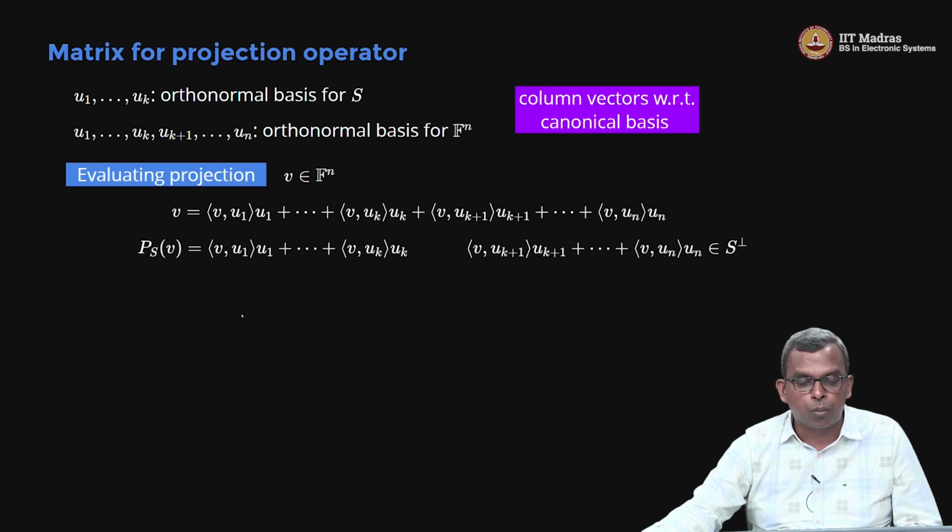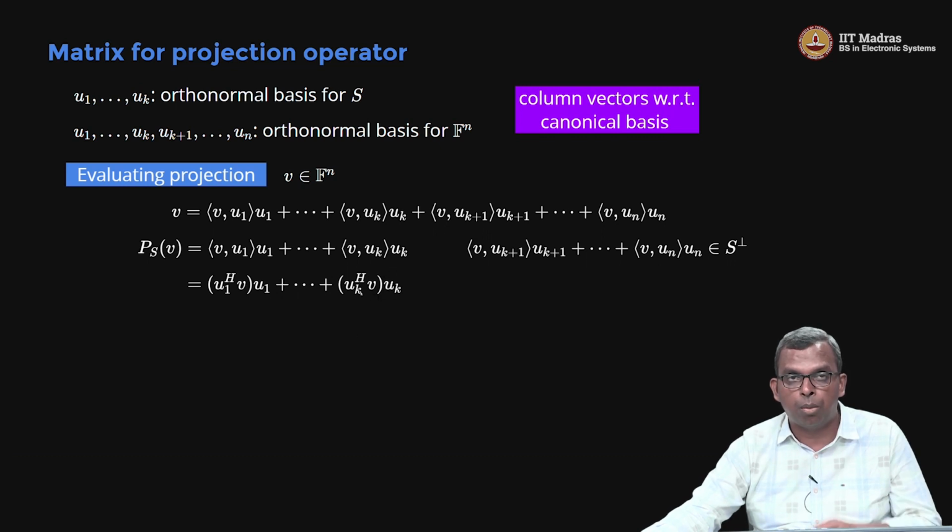This is very standard. Now, if you look at this part here, this is just an inner product, right. I can write this inner product in terms of matrices. I have thought of U1 and all these as column vectors. So, V comma U1 is U1 Hermitian V, multiplying a column vector U1, plus so on, UK Hermitian V multiplying a column vector UK.